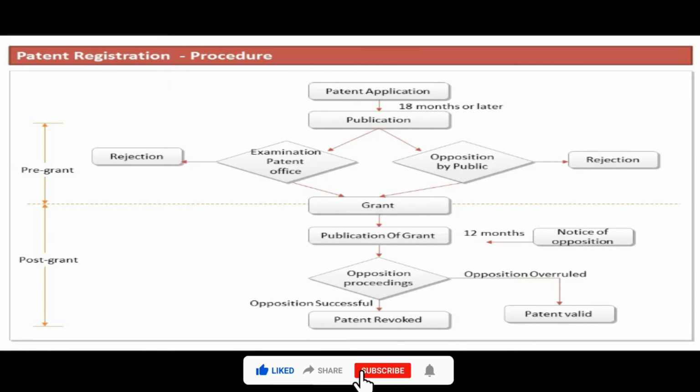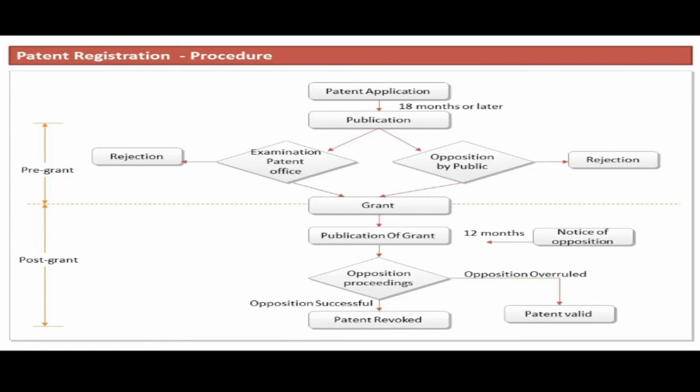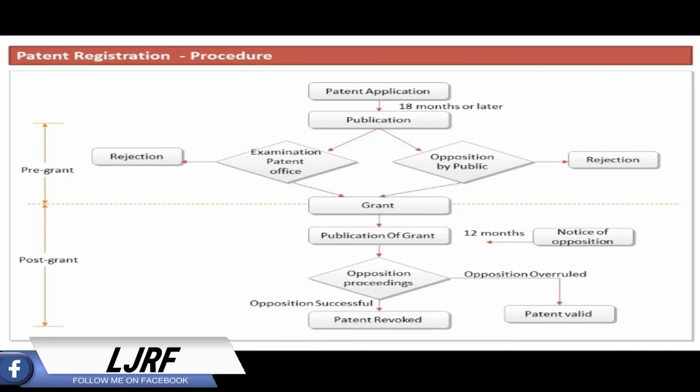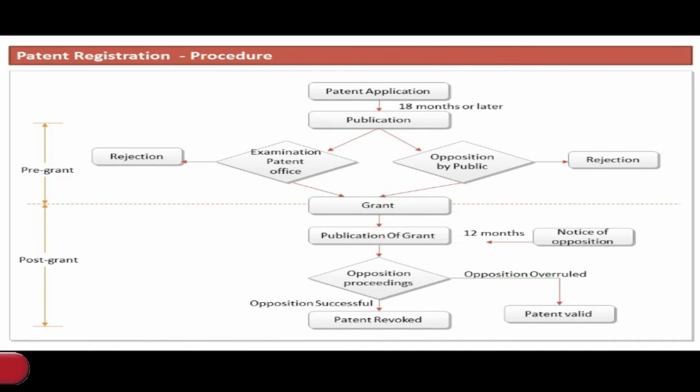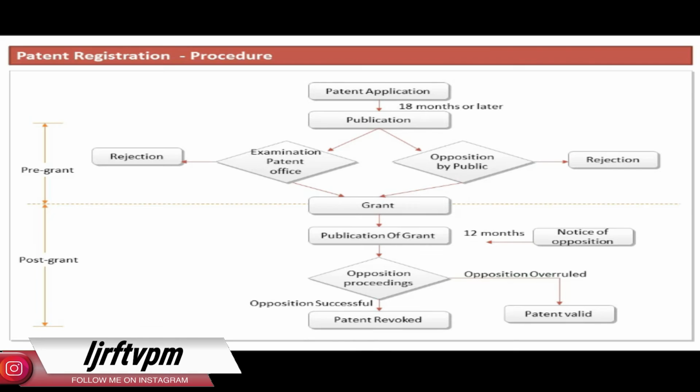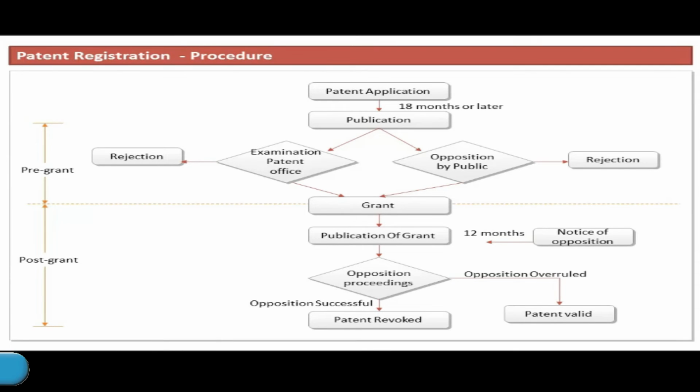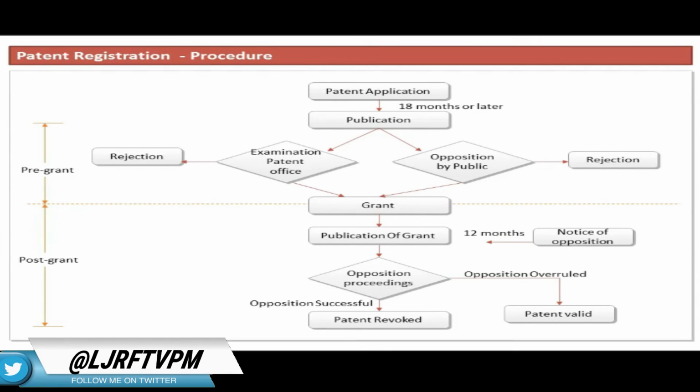Now look at the word publication there in the picture. From there, two things are happening. You have an examination from the patent office on the one side. So the patent office makes an examination.